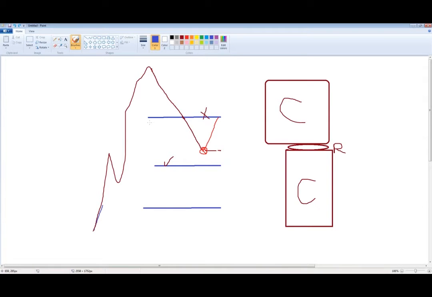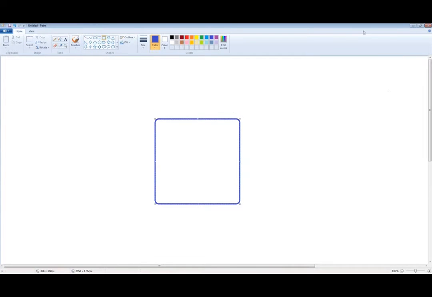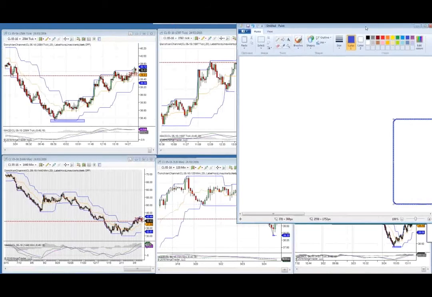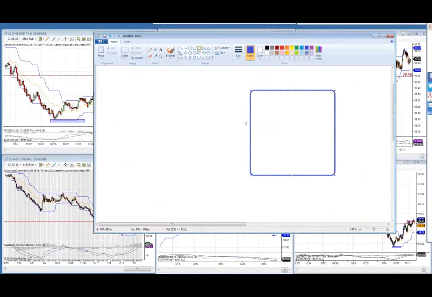Now, sometimes, and this is when we have situations like today, this morning, we have a level, and when I say continuation or rejection, and when I say, let's say, this box, this is a continuation box profile, it's not as pretty.